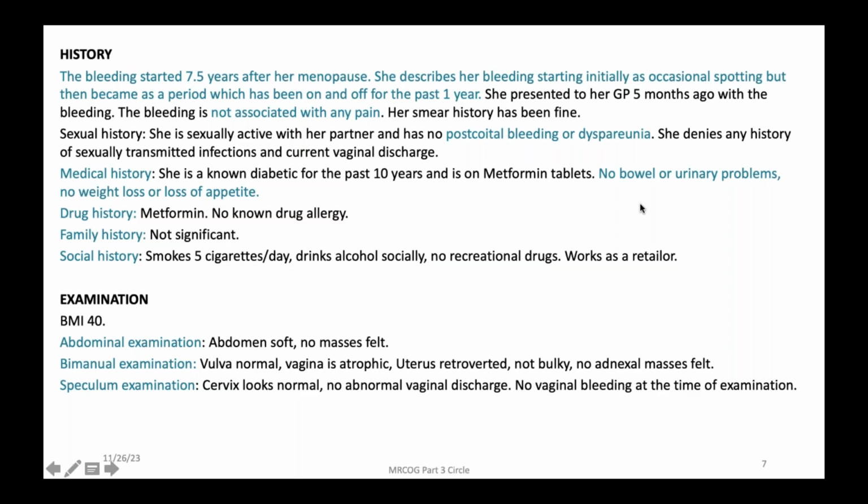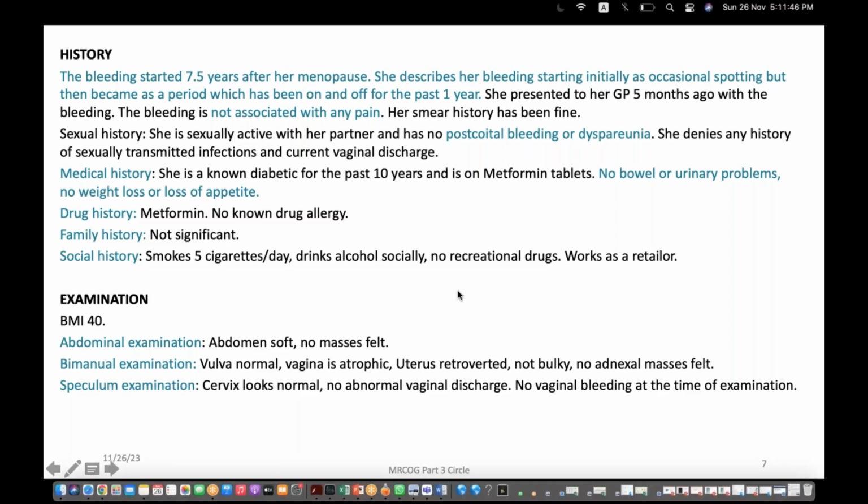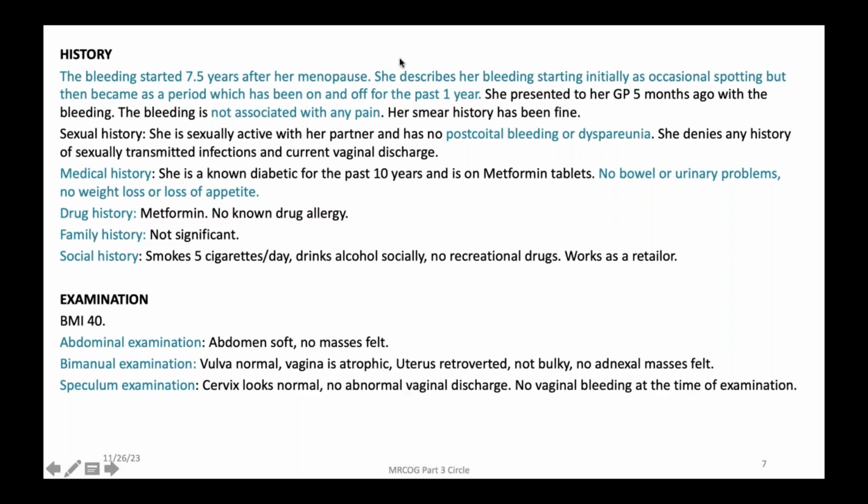Now, at this point, I've given the findings, and again we go through it together. In the exam, you read it very quickly, a minute maximum or even less to go through the findings. So you know that it's been on and off for the past year, no pain, no postcoital bleeding or dyspareunia, no family history, no high risk for cancer in the history that you can pick up at the moment.